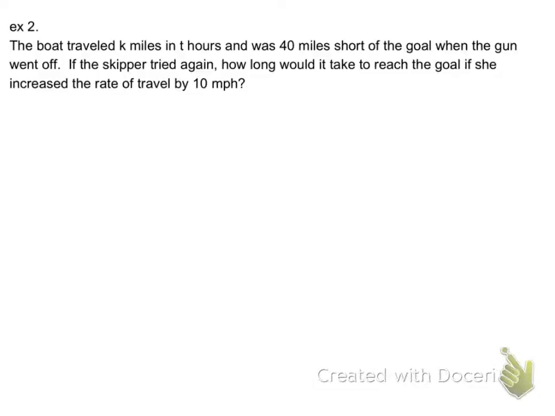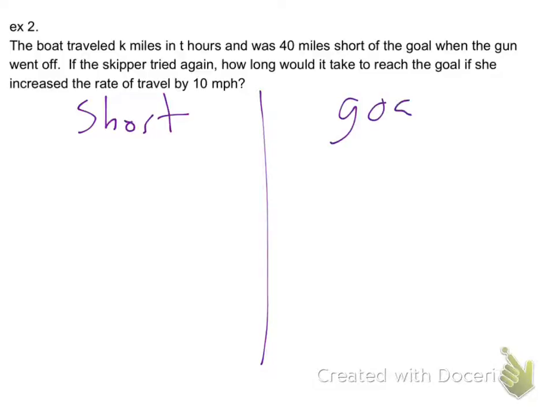Just like before, I'm going to split it here, and we're going to say, we're short, or we made the goal. I'm just labeling it two different ways so I can say one we didn't make it, one we did. And each one of these has distance, rate, and time.